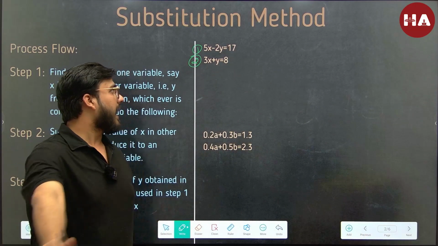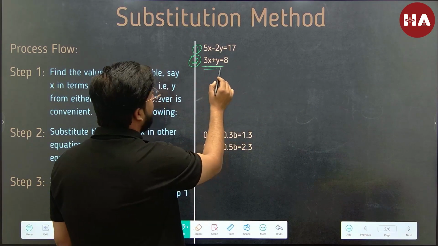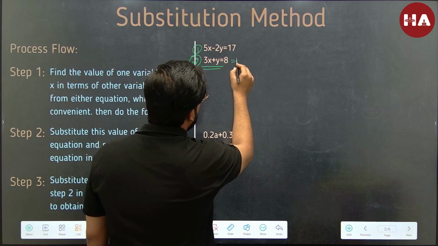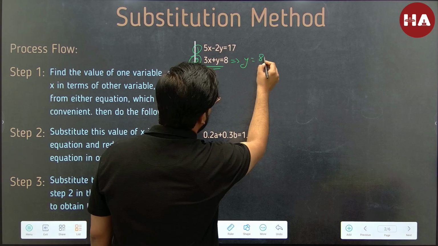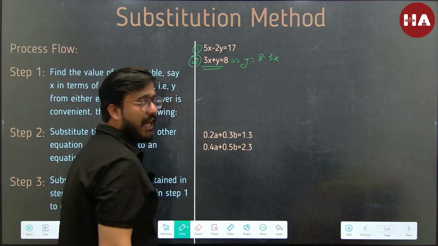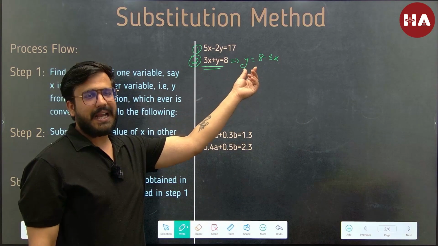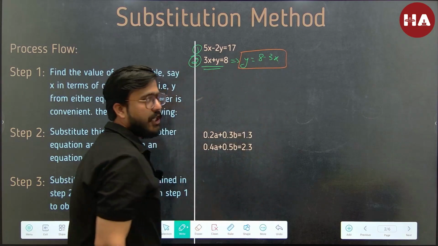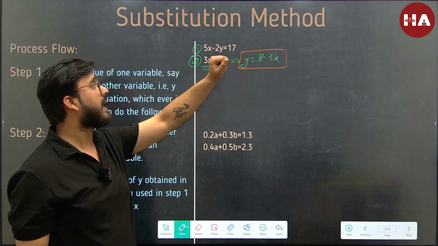I can see that if I pick equation number 2, that is easy. So I can take y equals 8 minus 3x. Now I have made y the subject from equation number 2. Now I'll substitute this value in the equation that is left.